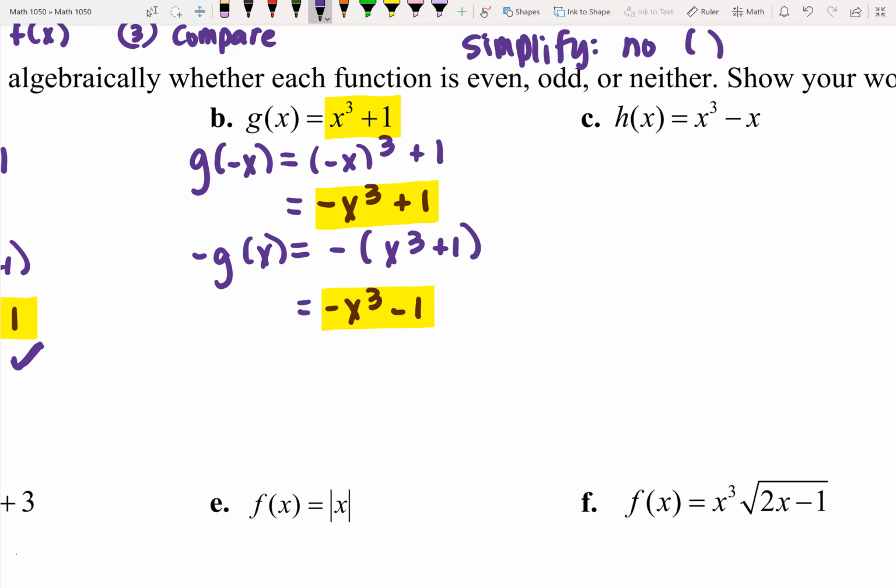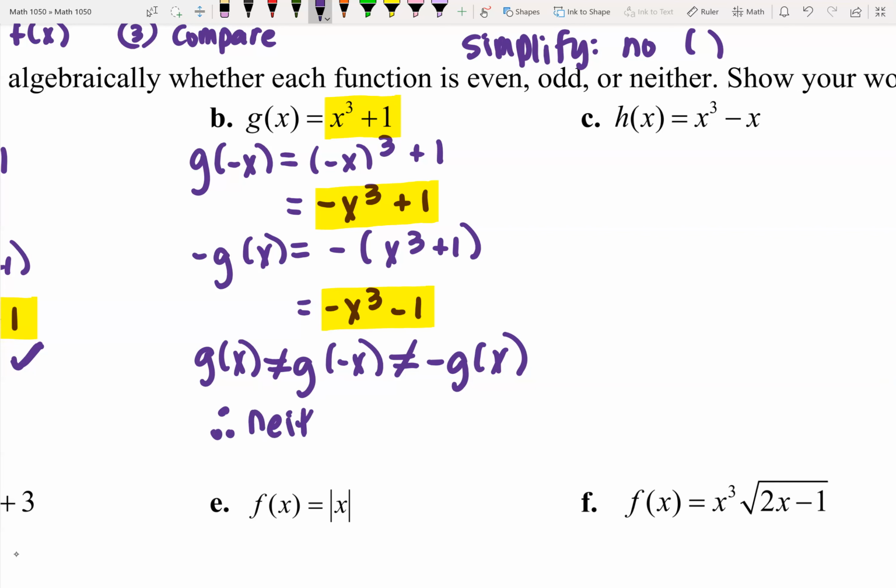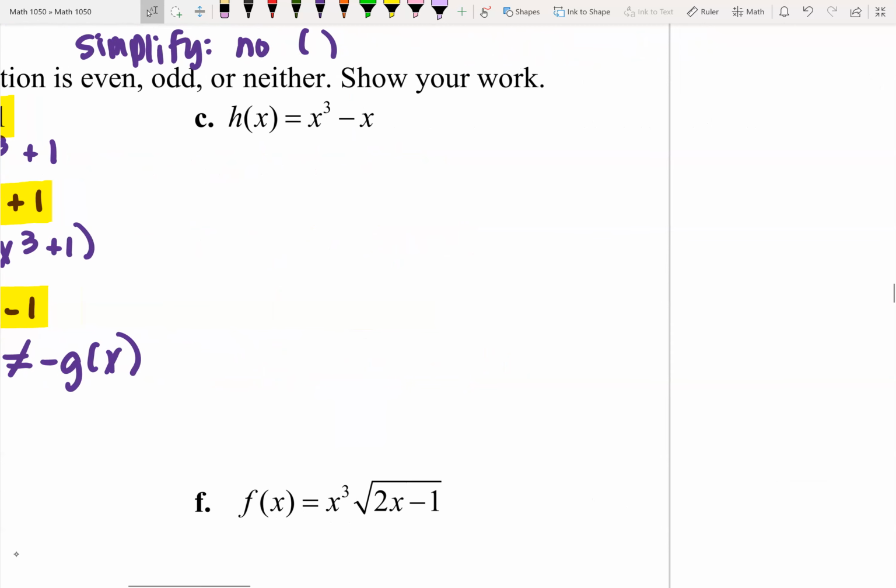Yes or no? No. So we're going to say g of x is not equal to g of negative x, which is not equal to negative g of x. Therefore, if none of them are equal to each other, then what's the answer, everybody? Neither. Yeah. Neither. And that's it.